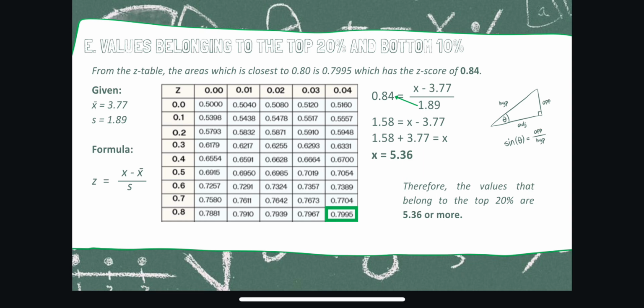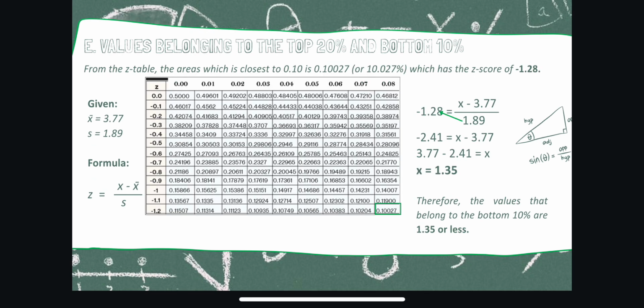Using the formula with the mean of 3.77 hours and a standard deviation of 1.89 hours, we substitute the values and obtain x equals 5.35 hours. This means that students who spend about 5.36 hours or more on social media belong to the top 20% of users.